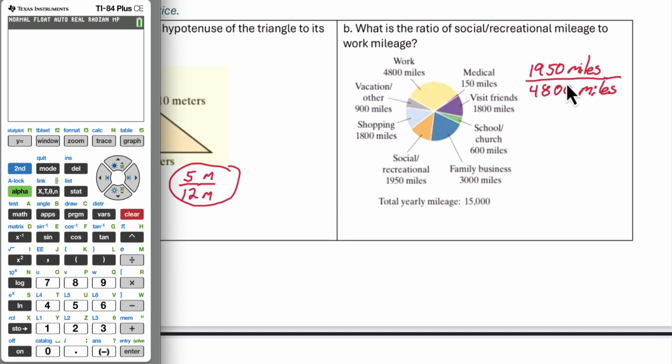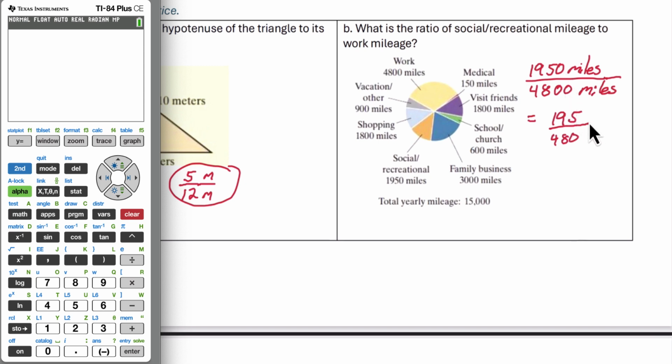Right away, I can see that they're both divisible by 10 because they both end in 0. So right away, we can reduce by dividing the numerator and denominator by 10. Remember, the shortcut to do that is we can simply remove the 0. So the numerator, we can remove 1 0, and the denominator, we can remove 1 0.